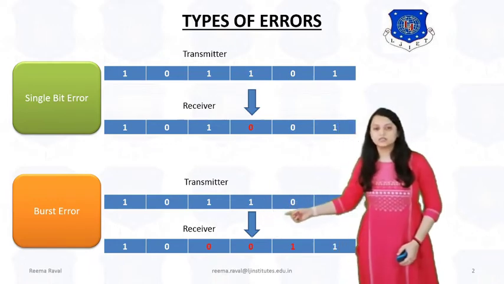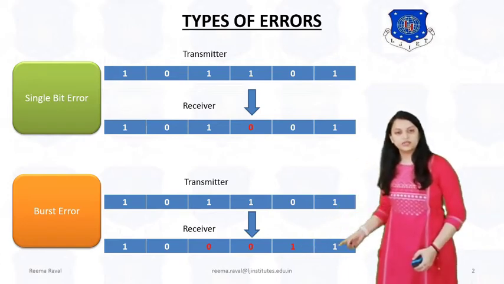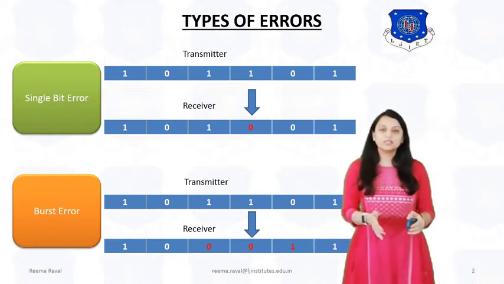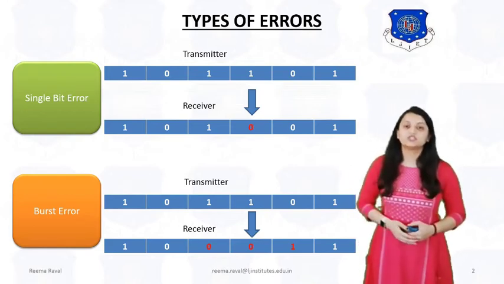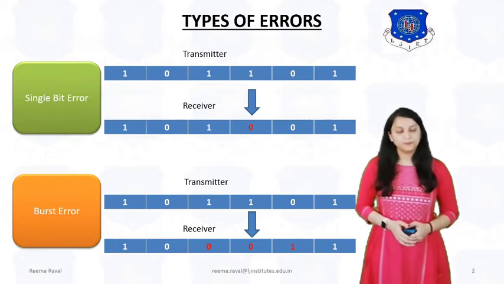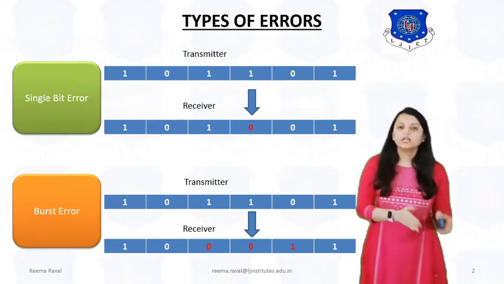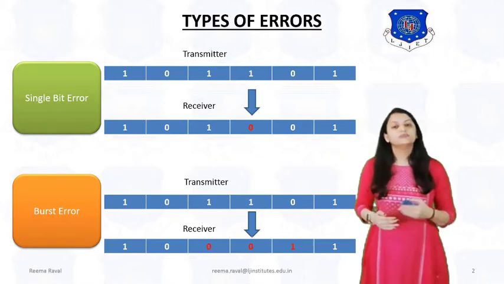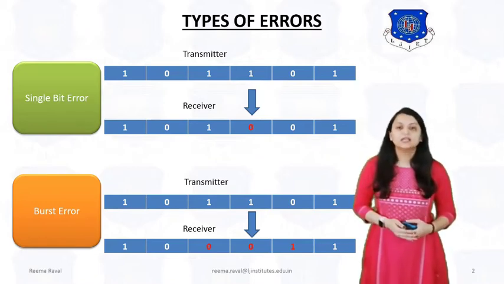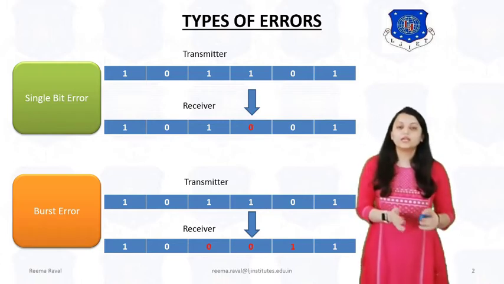The next bit, 0, is changed to 1, and the last bit 1 is received correctly. So more than one bit is changed, which means burst error is present. In simple words, if a single bit is changed, we call it single bit error. If more than one bit is changed at the receiver side as compared to the transmitter data, we call it burst error.